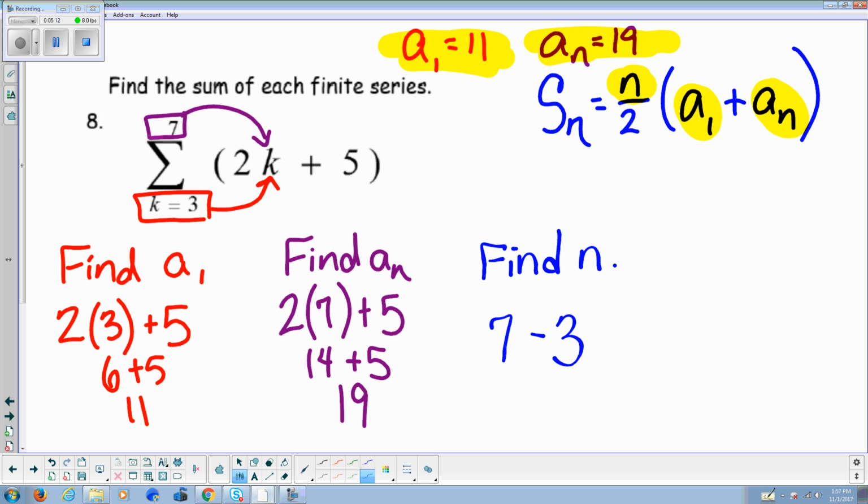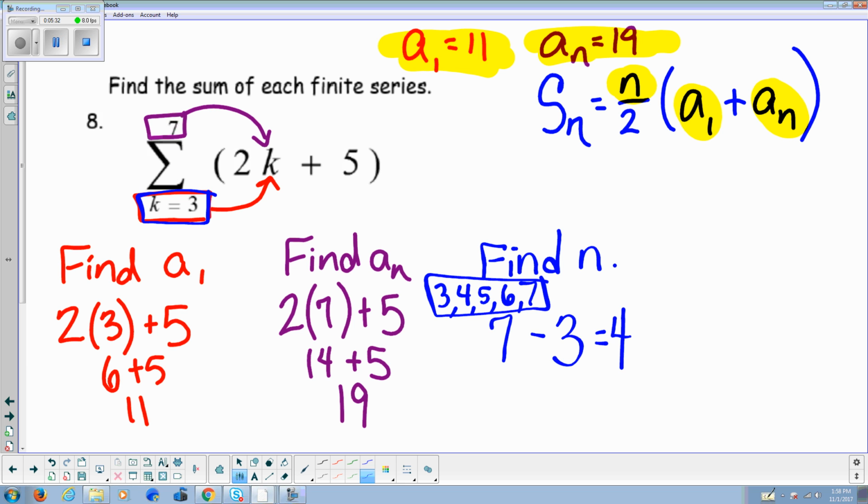So we're substituting in 3, 4, 5, 6, and 7, which is a total of 5 numbers. I can count that out, and I know that n is 5. But if I do the subtraction, 7 minus 3 is 4. The reason that's off by 1 is because it's not counting the first number.